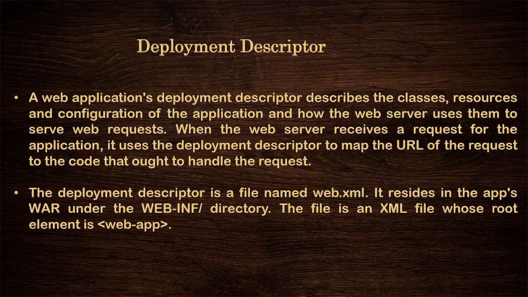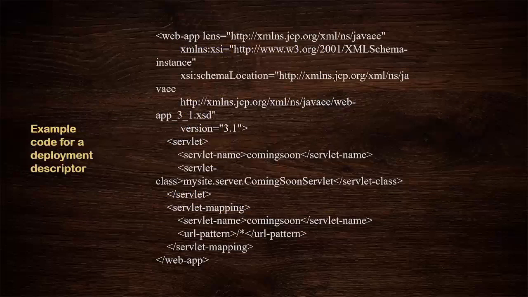It resides in the app's WAR under the WEB-INF directory. The file is an XML file whose root element is web-app. This is an example code for a deployment descriptor.